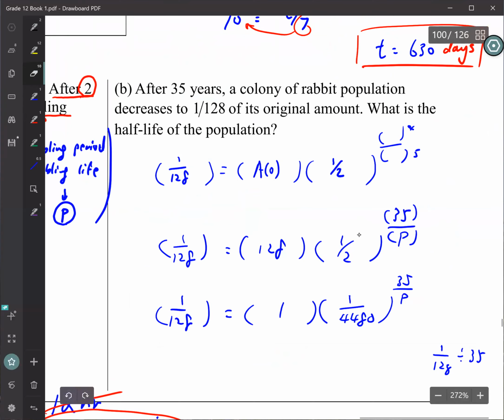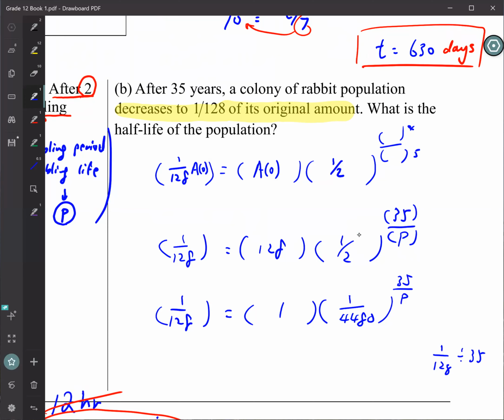In the question, it says that the rabbit will decrease to... let's underline this part: decrease to 1 over 128 of its original amount. But it did not tell you how many originally. So if I want to make the first one correct, I just need to add A of 0 at the front.